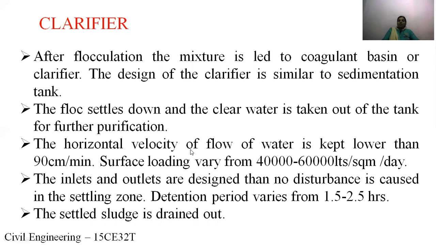The horizontal velocity of flow of water is kept lower than 90 centimeter per minute inside this clarifier. Surface loading varies from 40,000 to 60,000 liters per square meter per day.